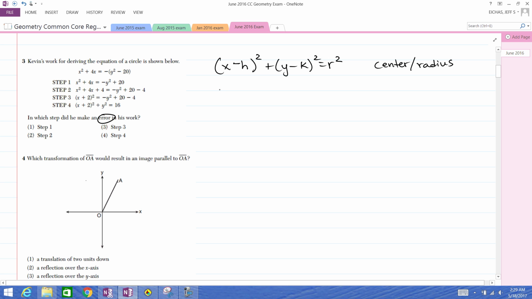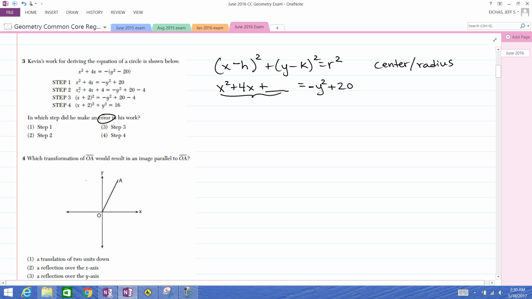Okay. So if you had x squared plus 4x, I'd probably want to create a space here because we're going to complete the square. On the left side, while we're doing that, we'll probably distribute that negative. So we got negative y squared plus 20. And yeah, so they just distributed the negative there.